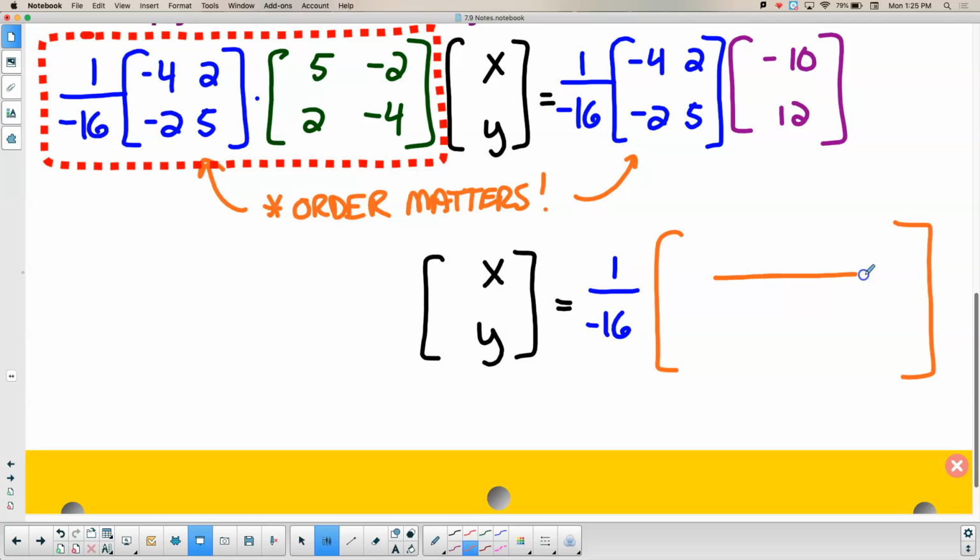Ends up being a 2 by 1 matrix. Yes? Yeah. So up here we would have negative 4 times negative 10 plus 2 times 12. Down here we'd have negative 2 times negative 10 plus 5 times 12.